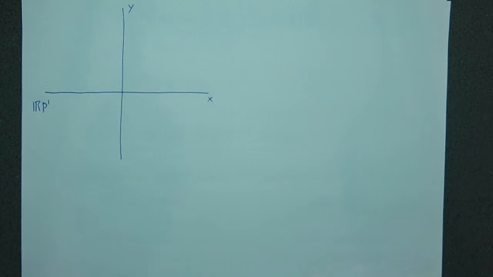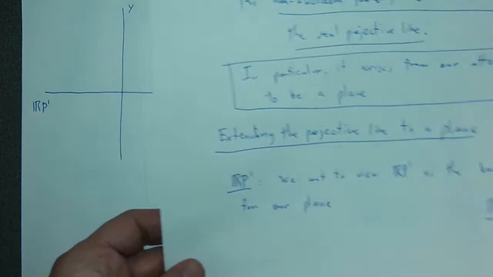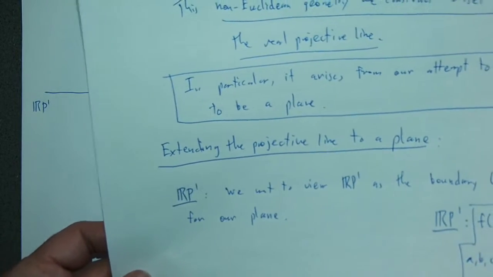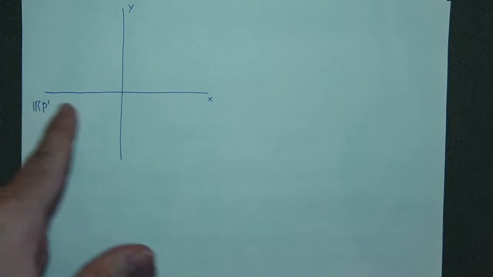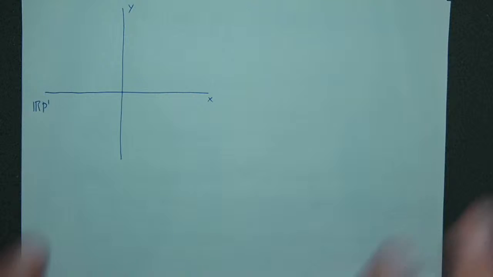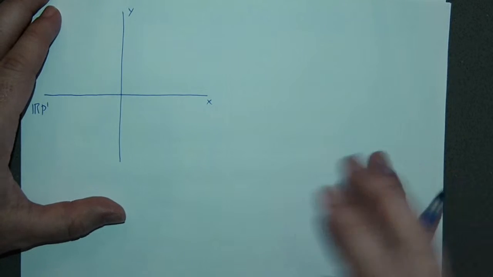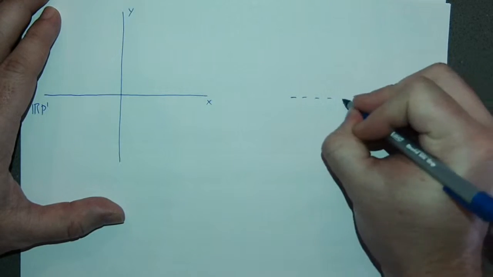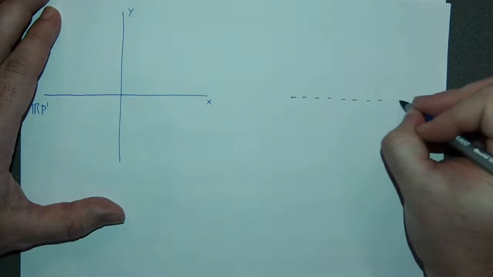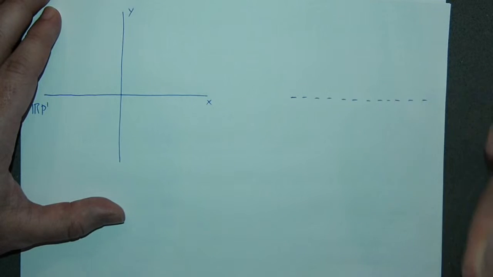Well, this doesn't quite fit the description I was going with. So I want to view RP1 as the boundary at infinity for our plane. So this thing has to be a boundary at infinity. It's not actually included in the plane. And so the idea is to include it as a dashed line. That is, it's not actually included in the plane.